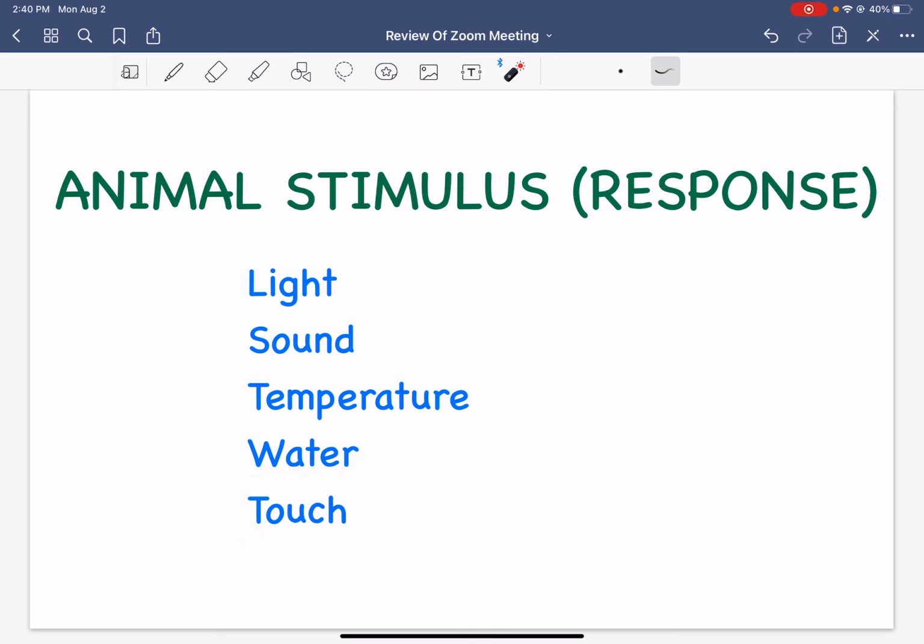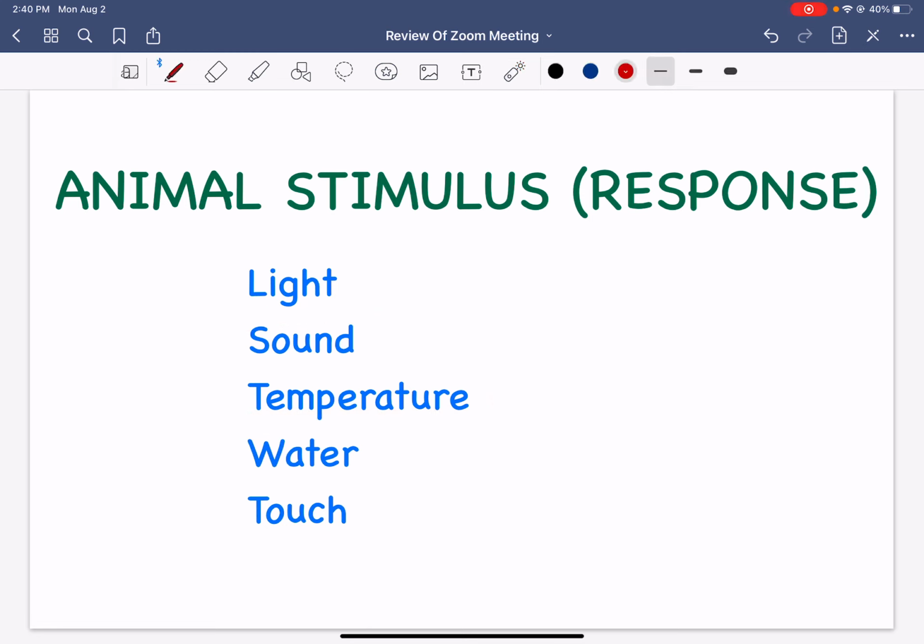But we have one new one: sound. Sound is when we listen with our ears. So we know light, temperature, water, and touch.